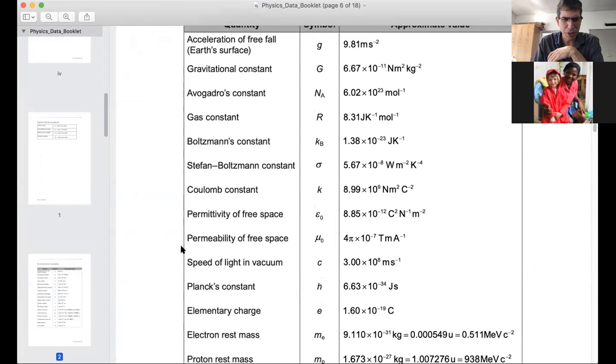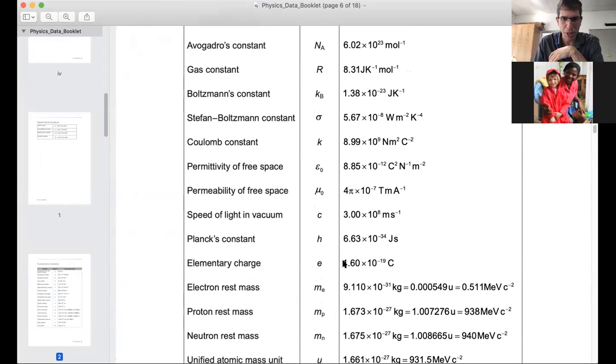So on this sheet, they give you the elementary charge. The elementary charge is the charge of an electron, basically. And then they also give you what's called the electron rest mass, and they give it as 9.11 times 10 to the negative 31 kilograms. Don't worry about this word rest.